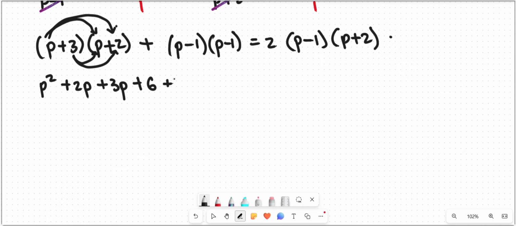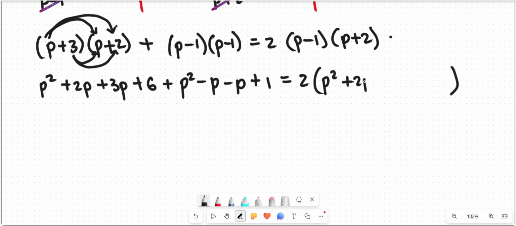Then I'm doing the next bracket. P and a P is a P squared, minus P, plus 1. This one, I'm going to FOIL it. I'm going to keep my answer in brackets so that later on I can distribute that positive 2 outside. So if I FOIL it, it is a P squared plus 2P minus P minus a 2.